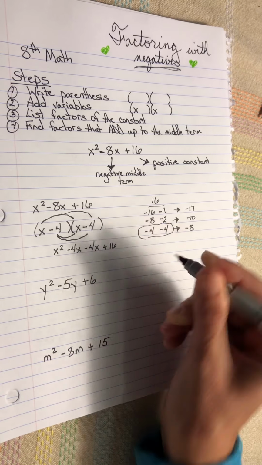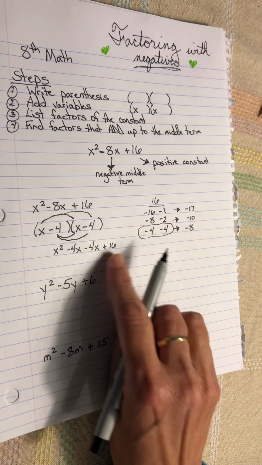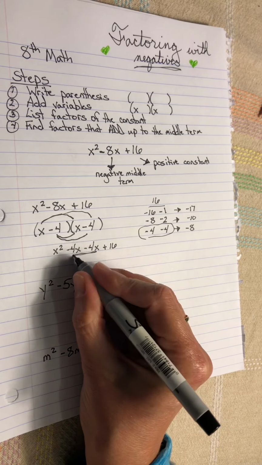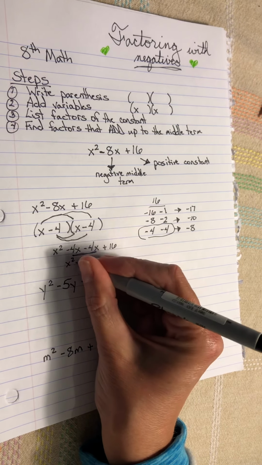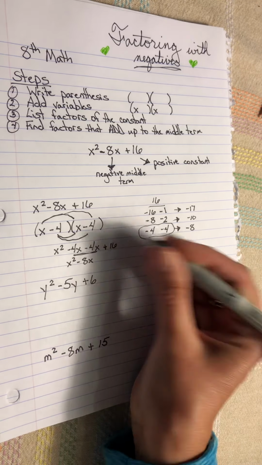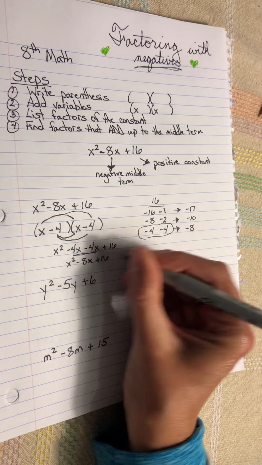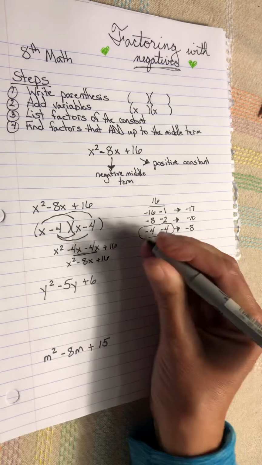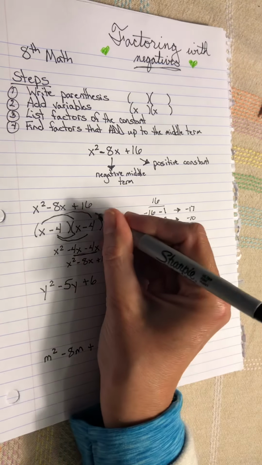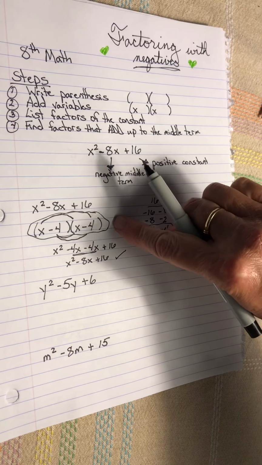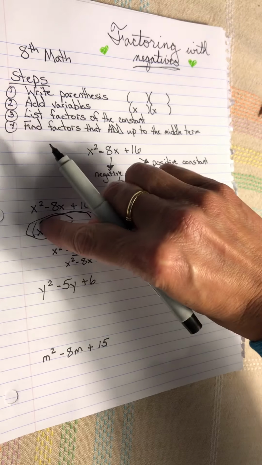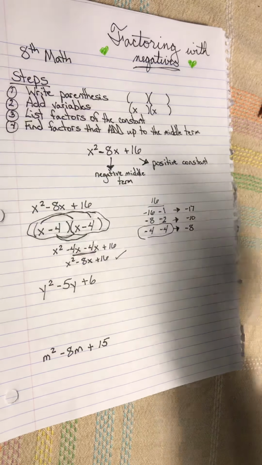And then my last, 16. When I combine those two together, I get x squared minus 8x plus 16. So yes, I solved it correctly. This is my final answer right here. I want it in binomial times binomial form.